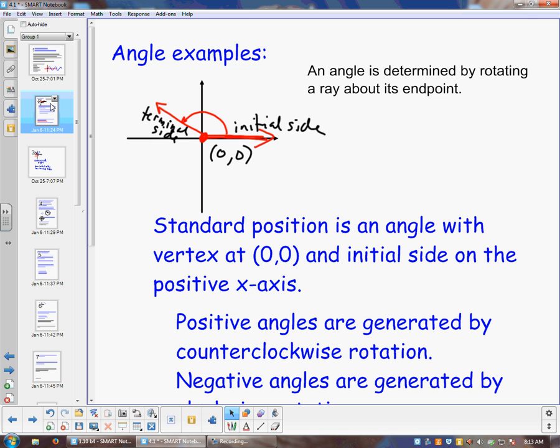Positive angles are generated by counterclockwise rotation. So this angle here is going counterclockwise. You know how a clock works, right? Clockwise. So this is counterclockwise. So this would be a positive angle measure. Whereas if I drew an angle that has this initial side here, but I rotate it this way, and it ends up with the terminal side here, that would be a negative angle because I'm going clockwise.